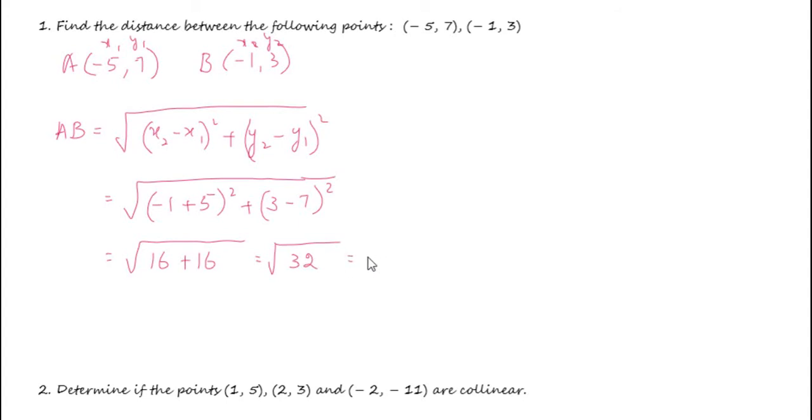We can write this one as square root of 16 into 2, and we can take 16 out, it becomes 4 and 2 remains. So the distance between these two given points is 4 root 2 units. We don't know whether centimeter, meter or miles, kilometers. So it is 4 root 2 units.